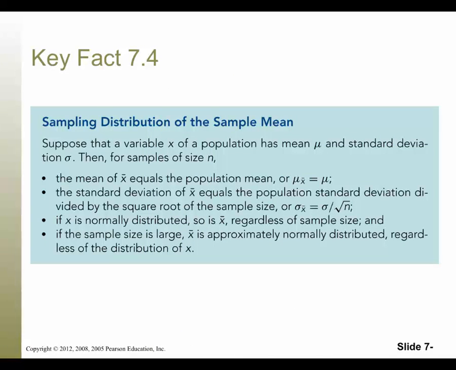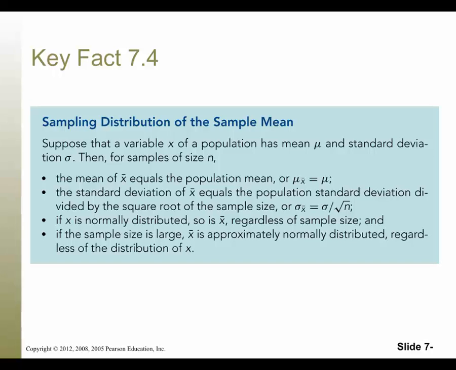Okay, so here is just kind of the overview. Of course, the mean of sample means equals the population mean, first of all. So that would be if you take every single sample of the same size, you would get the same thing.